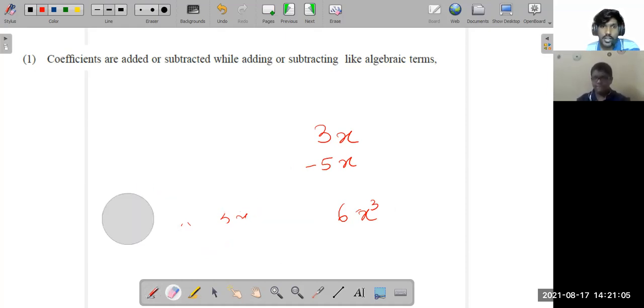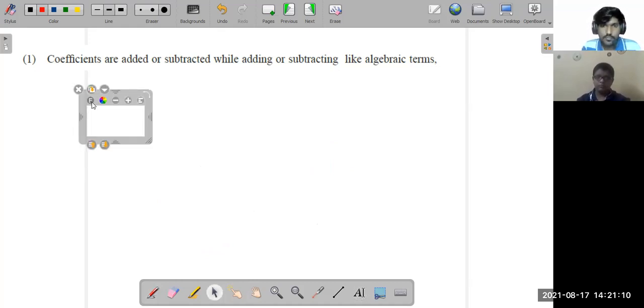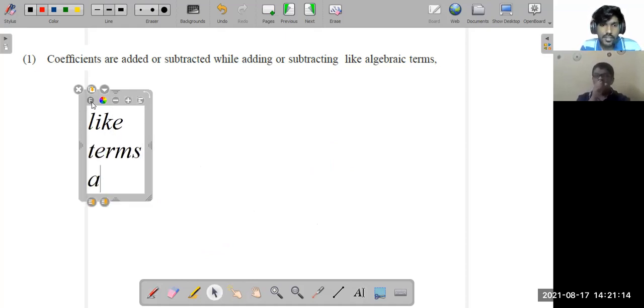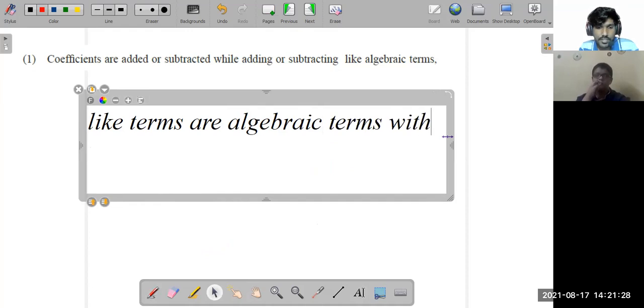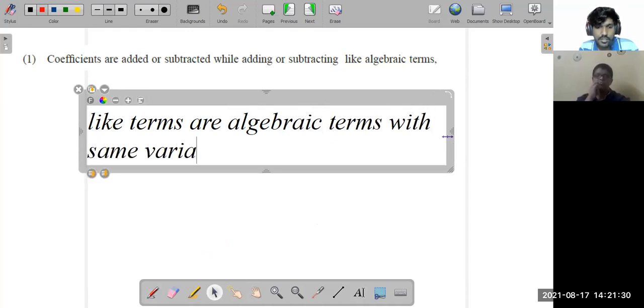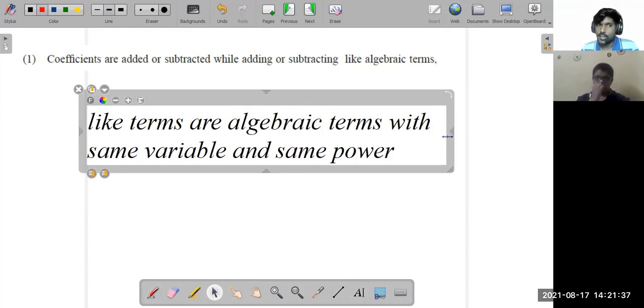Okay, so I just want you to write down a few notes. Like terms are algebraic terms with same variable and same power. Fine, is this clear?